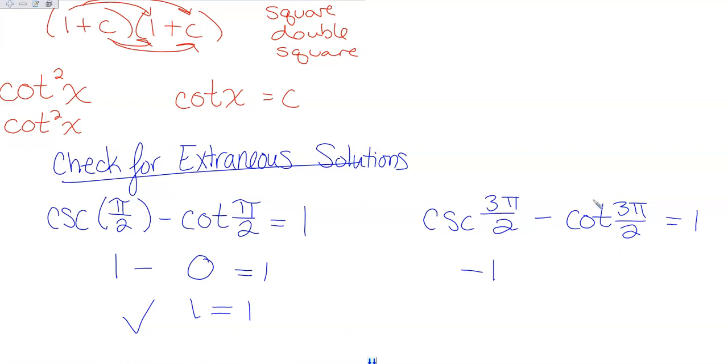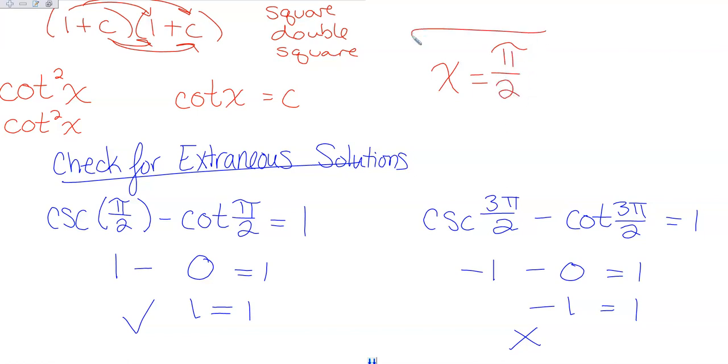And then we're going to look at 3 pi over 2 and recognize that the tangent value there is undefined, so the cotangent value there is 0. And I'm going to get negative 1 equals 1, which does not work. So my only solution here is that x is going to be pi over 2.